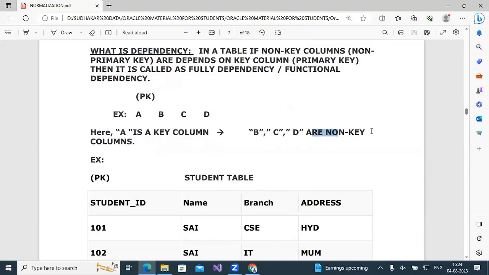Suppose non-primary key columns are linked with a primary key column, or depend on a primary key column.